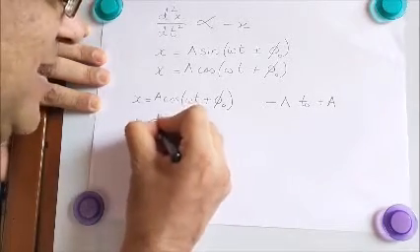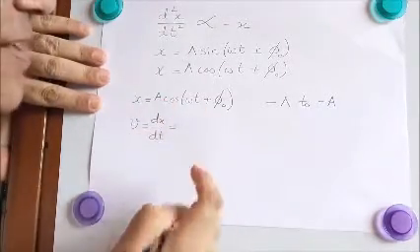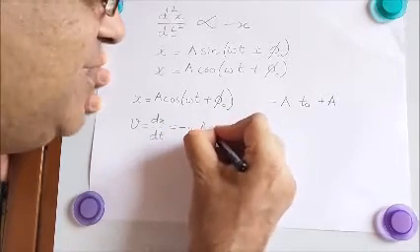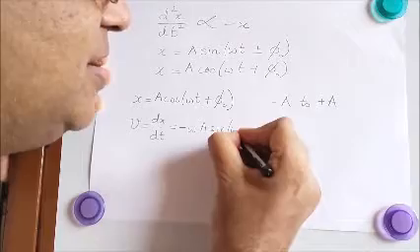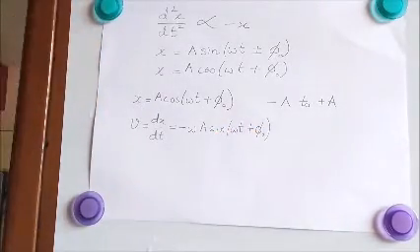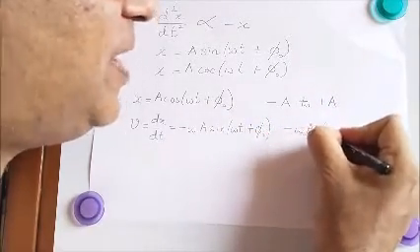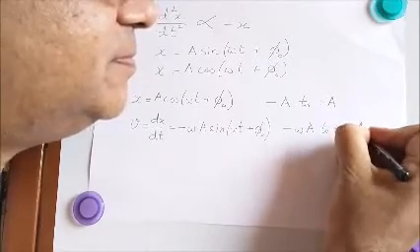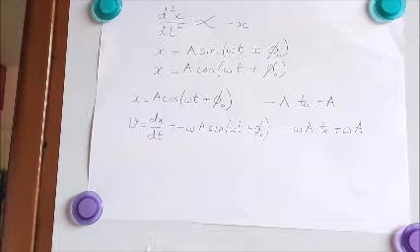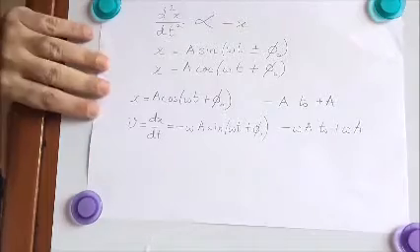So velocity is dx by dt. If we differentiate this, cos will become minus sin and one omega will come out. So you'll get minus omega a sin(omega t plus phi naught). Therefore, this velocity varies from minus omega a to plus omega a.